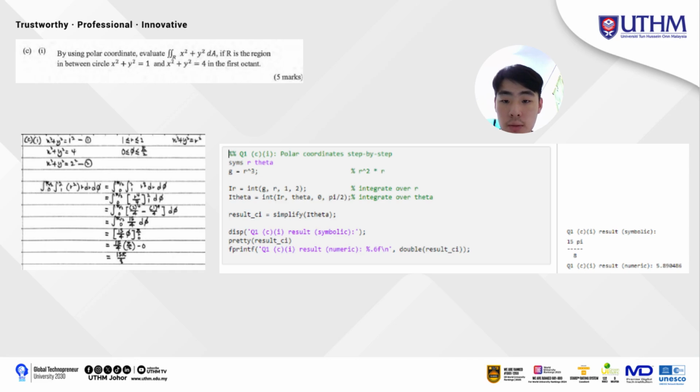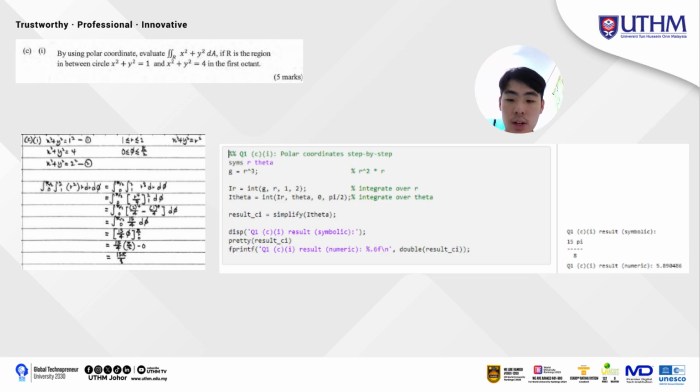For question C1, we need to find the region R by using the polar coordinates. By using the equation of the circle given, we can find out that the range of r is between 1 to 2, and since the region is in the first quadrant, the range of theta is between 0 to pi over 2.